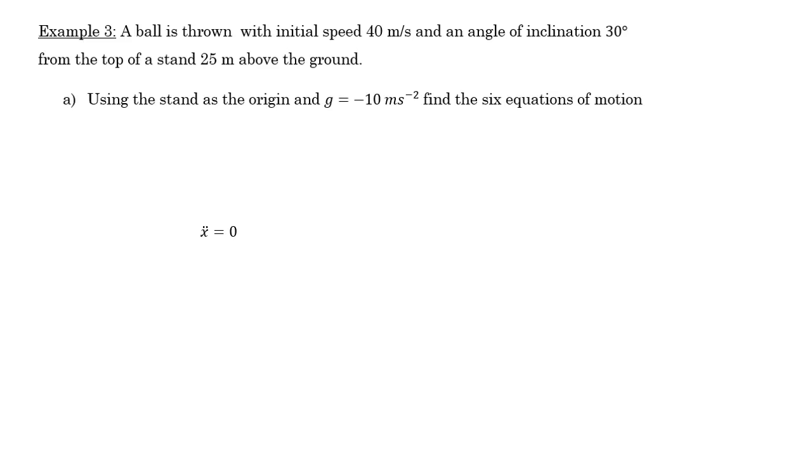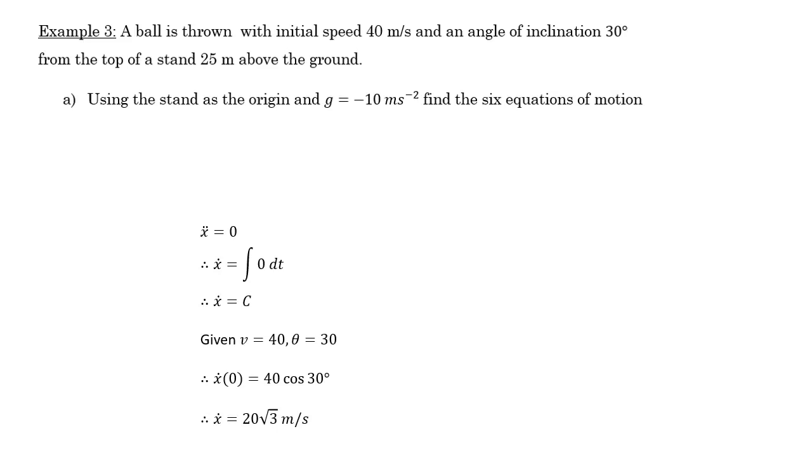So we know that our horizontal acceleration equals 0, and this is the case for all of our questions in this unit. So our first equation is x double dot equals 0. We integrate that, and we find that it's some constant, but from our initial conditions there, of 40 meters per second, an angle of inclination of 30, we can determine that our initial horizontal velocity is 40 cos 30, which is 20 root 3 meters per second.